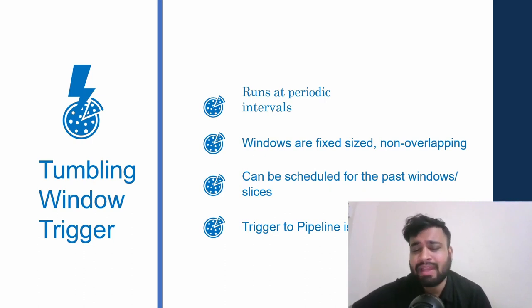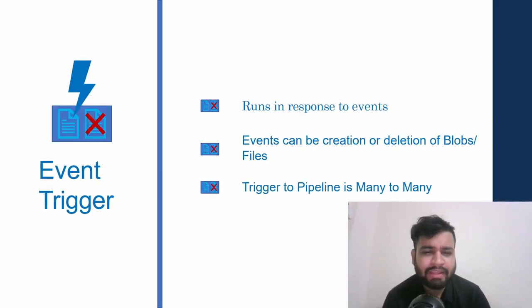Then at the last, we have the event based trigger. The event based trigger will run the pipelines in response to blob related events, such as generating or deleting a blob file already present in the blob storage. So with event based triggers, we can schedule the data pipelines to execute in response to an event which occurred in your blob storage.